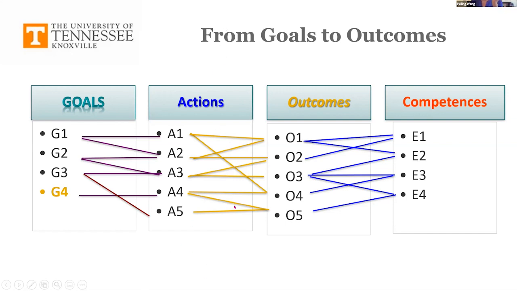For each goal, they need to take actions. Those are really the planning process in these two parts. Then the outcomes linked to the actions should result in measurable or tangible outcomes. Those outcomes will provide evidence. That's basically how it goes from the goal to the outcomes, the process specifics.